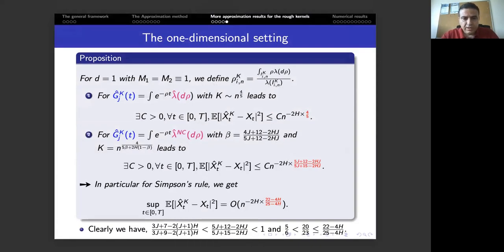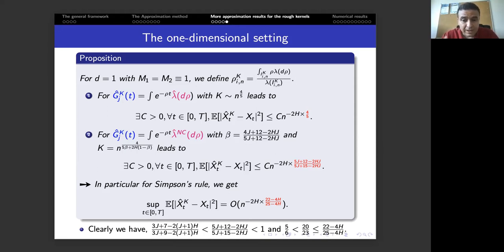It is written down here, so I hope you can see it. We clearly have a better rate than before by simply choosing the rho I and k given by this form. And of course, for the Simpson case, we get the new rate for the strong error, which is h times (22 minus 4h) divided by (25 minus 4h).